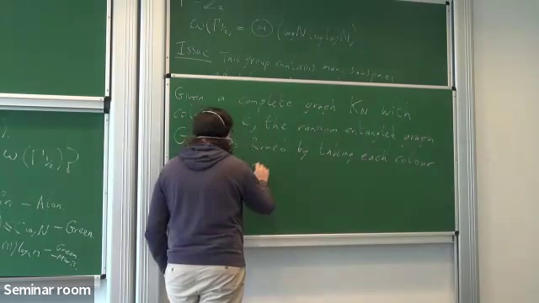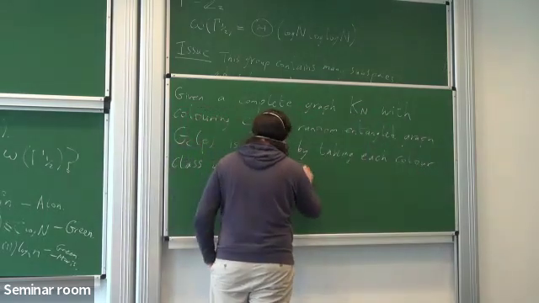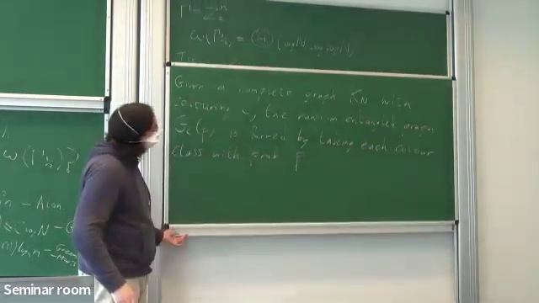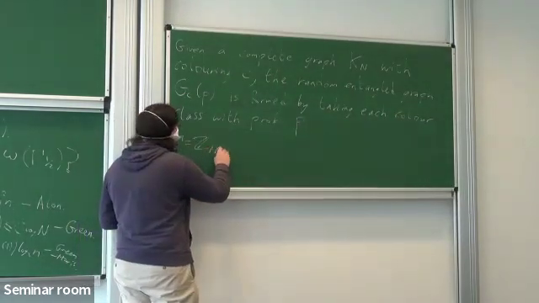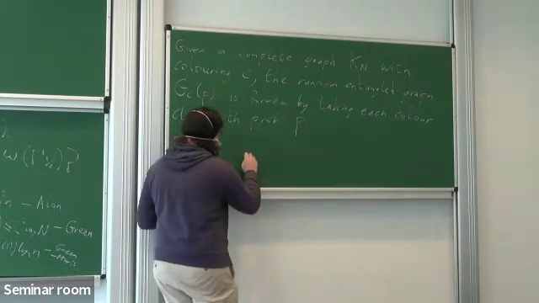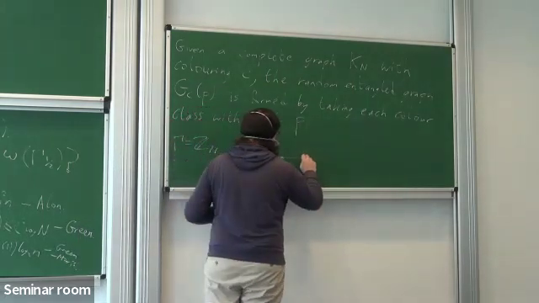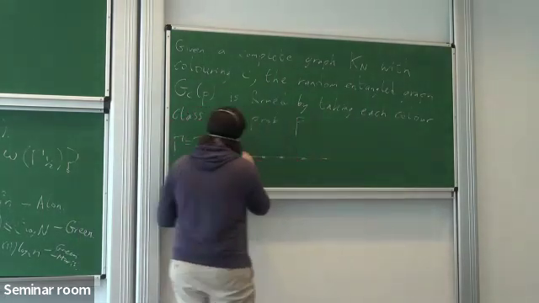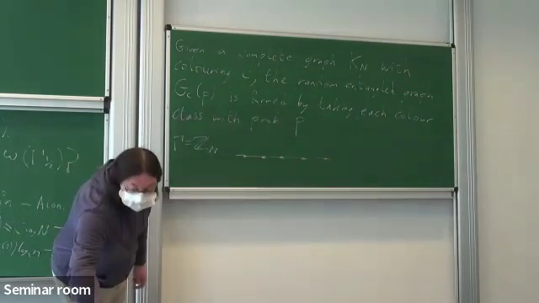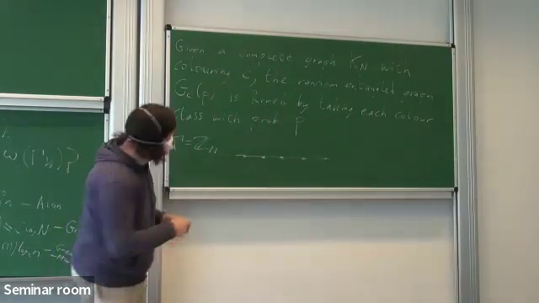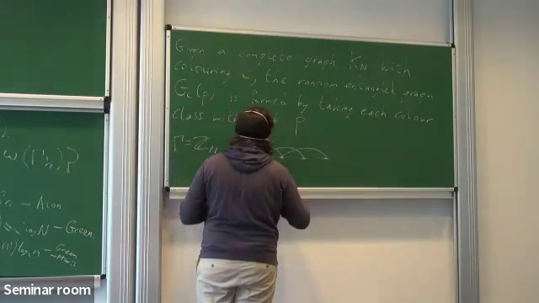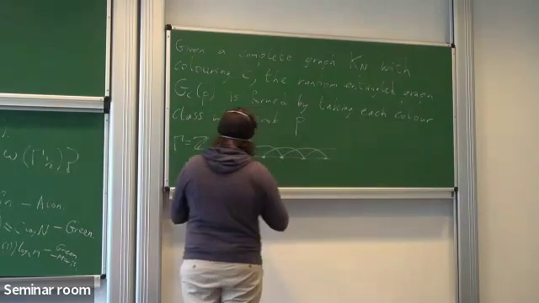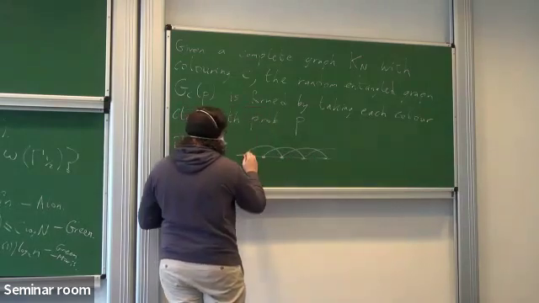So again, if you're looking at Zn, then your Cayley graph has this as one possible collection of edges, but you're also getting this as a collection of edges. I should probably make this longer if I want to do this properly.